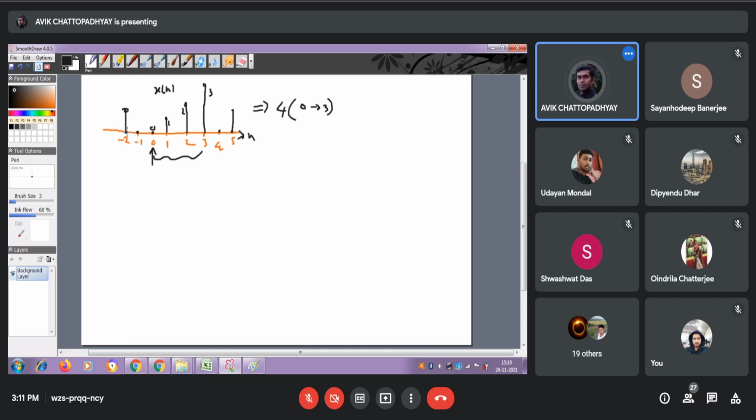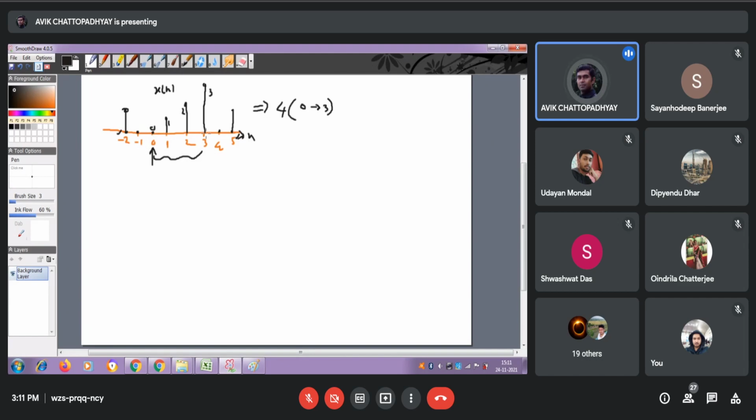Then the length of the signal you have to count from this to this. What would be the length? Here you have 1, 2, 3, 4, 5, 6, 7, 8. Sometimes people call it 7. The problem is they forgot to count this 0. It is not actually 7.